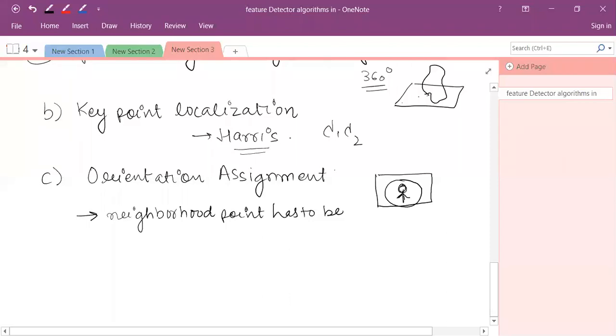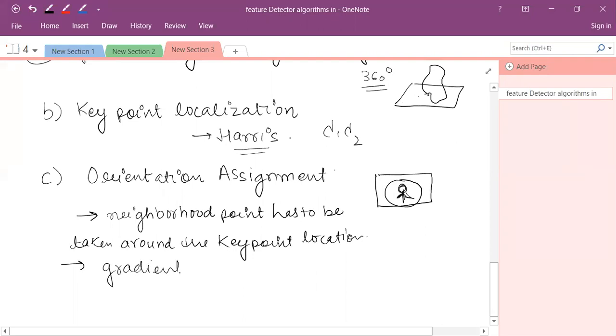Key point is your person. Then in the second step, you have to calculate the gradient magnitude and the direction. So how can we calculate the gradient magnitude and the direction? That is already seen in my previous lecture.